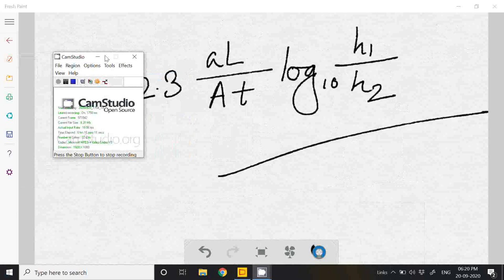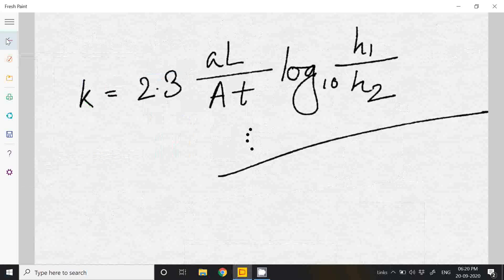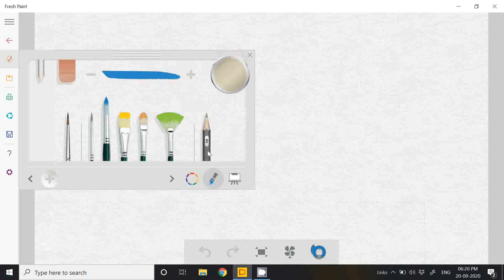Now, when you encounter soils having various layers, let me give you an example. Soil having various layers is called stratified soil.